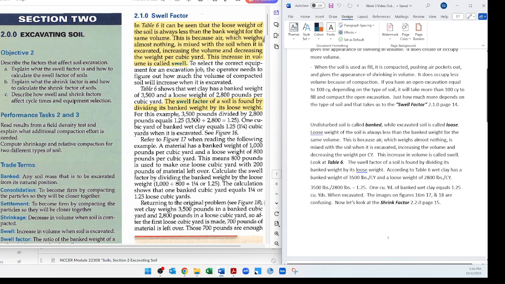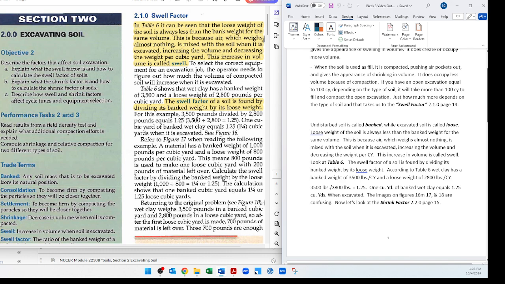Let's see if I talk about it a little bit. Undisturbed soil is called banked, while excavated soil is called loose. Loose weight of the soil is always less than the bank weight for the same volume, like we deal in cubic yards. 1 cubic yard of banked soil is going to weigh more than 1 cubic yard of that same soil in a loose state.